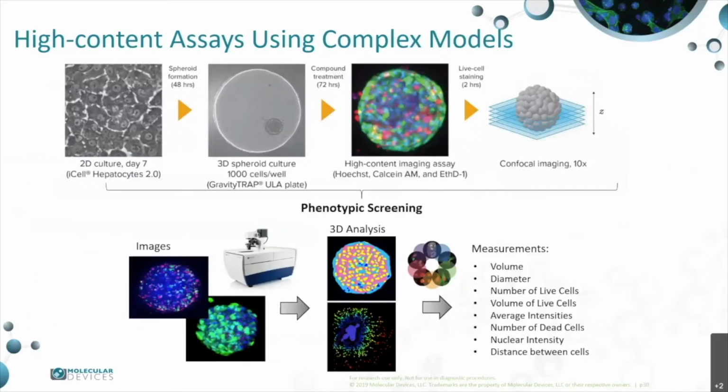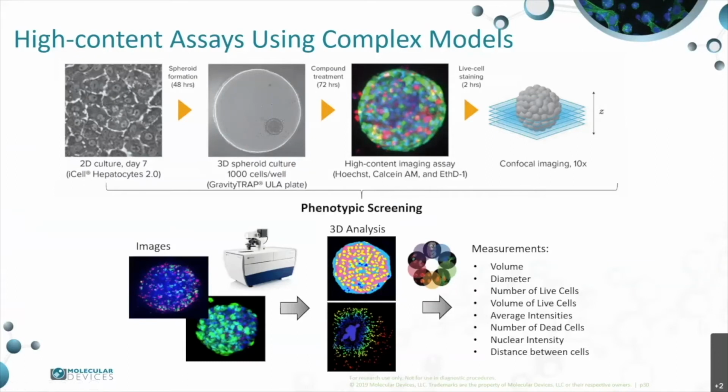So the typical workflow of a 3D assay includes 2D culture, and also usually plating cells into low attachment plates, which allow formation of spheroids or organoids, which could be imaged using a confocal imaging system. And then these stacks could be analyzed in 2D or 3D.